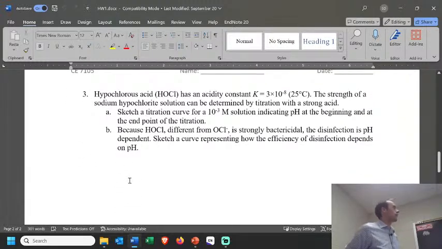Okay, so let's take a quick look at this. We have HOCl, the acidity constant, and we're saying that it can be determined by titration with a strong acid. So sketch a curve indicating pH at the beginning and the end point.